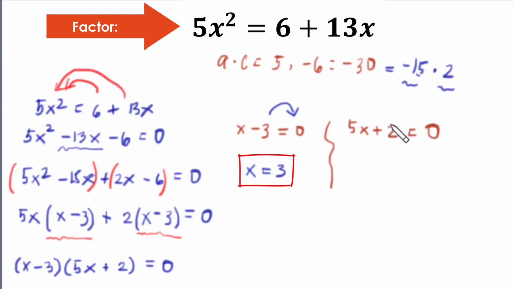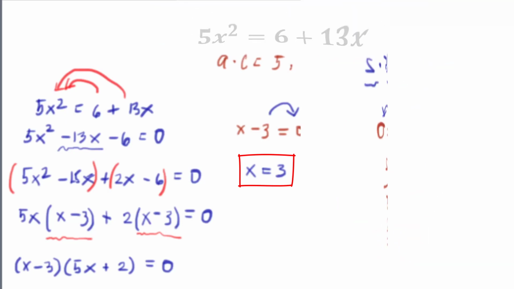And then this one, we solve for x. So we transpose positive 2 on the other side. It will become 5x equals negative 2. Then divide both sides by 5. So cancel out 5. So you have x equals negative 2 over 5.